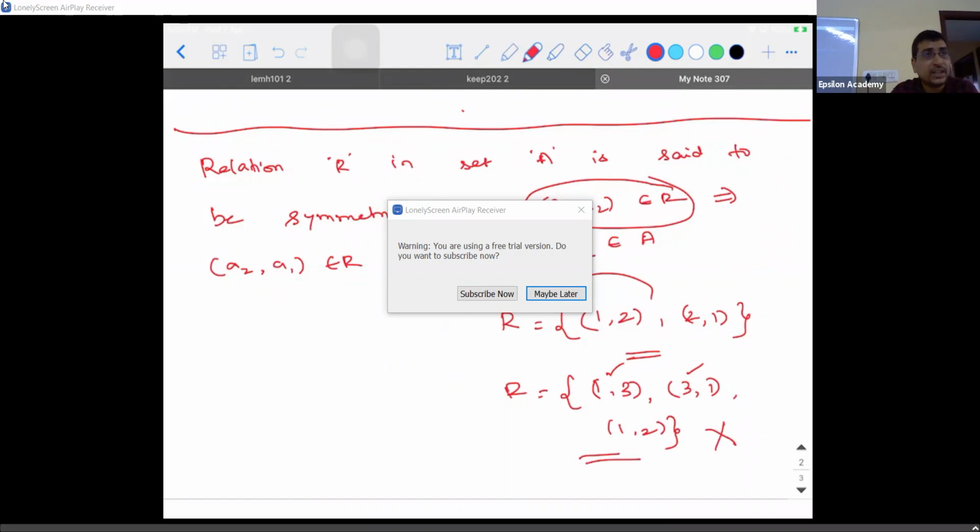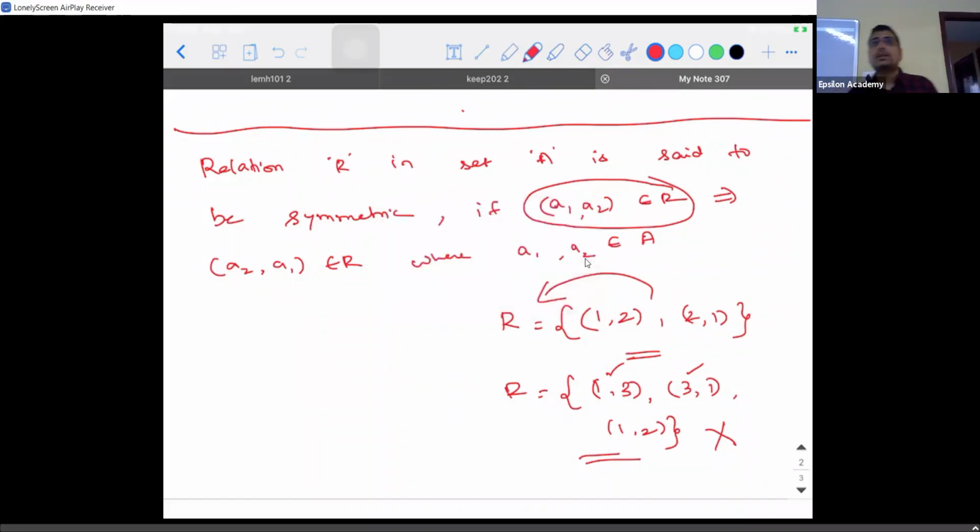So for a relation to be called symmetric, every element should have a symmetric counterpart of it. Clear? That is the meaning of implies. Am I clear? Let's go back to the same problem.